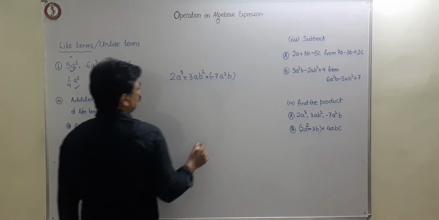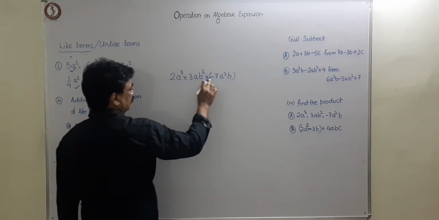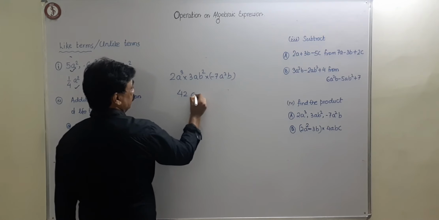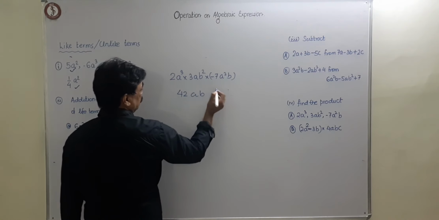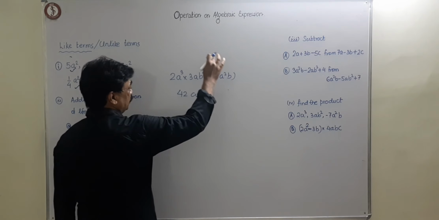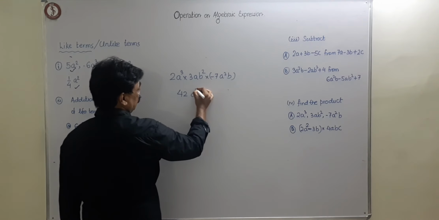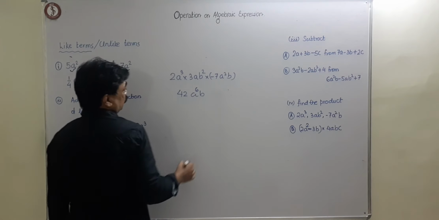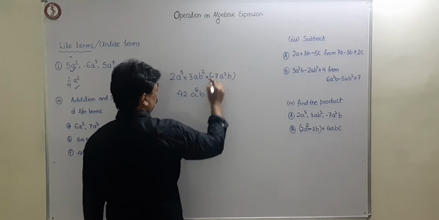So multiply the numerals first: 3 into 6, 6 sevens are 42. Then we have the variables, first you write a and b, they are the only ones. It has got power 3 and 1 over here and 2 over here, so it will be 3 plus 2, 5 for a, and 1 plus 1 for b... B square, 2 here and 1 here, so it will be 3.